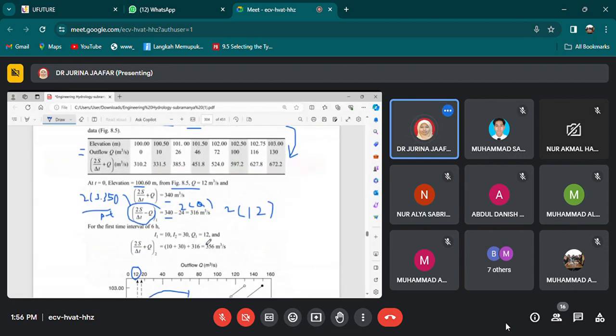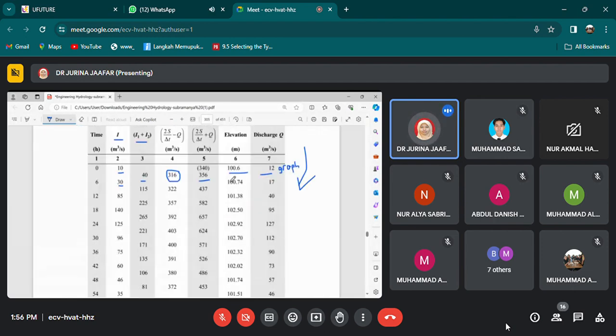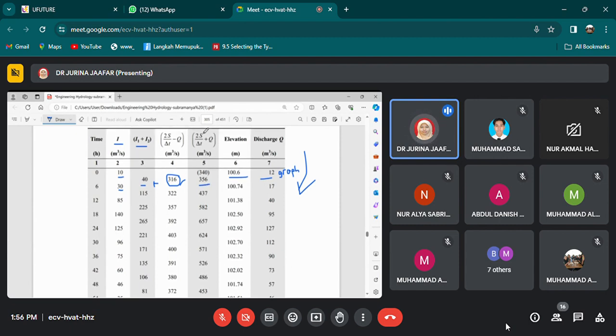From there, first interval of 6 ni kita dapat 316, nampak 316 kita write down here 316 campur dengan 40, the average kita dapat 356 untuk set 2S over delta T plus Q. Then now we will cari balik, so what will be our elevation and the discharge.